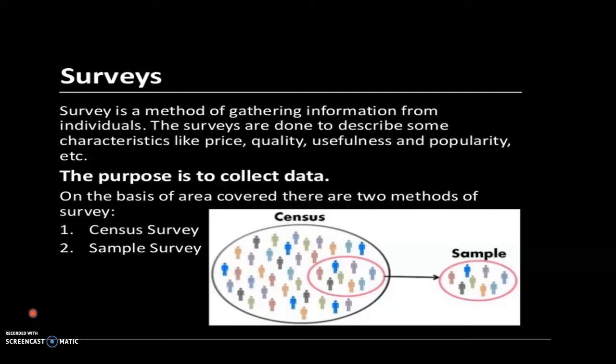2021. Do you know how a manufacturer decides about a product or how a political party decides about a candidate? Yes, they conduct a survey by asking questions about a particular product or candidate from a large group of people. So, what do you mean by survey?